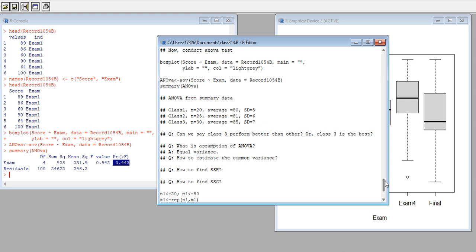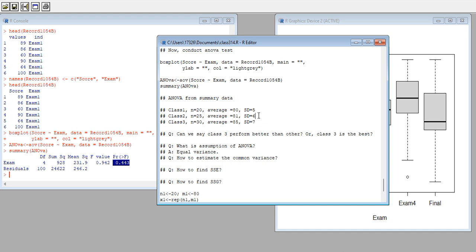So we can conduct ANOVA from original data. R is designed for original data. But sometimes we only have summary data. Like here we have 3 classes. Class 1, we have 20 students, the average is 80, and the standard deviation is 5.